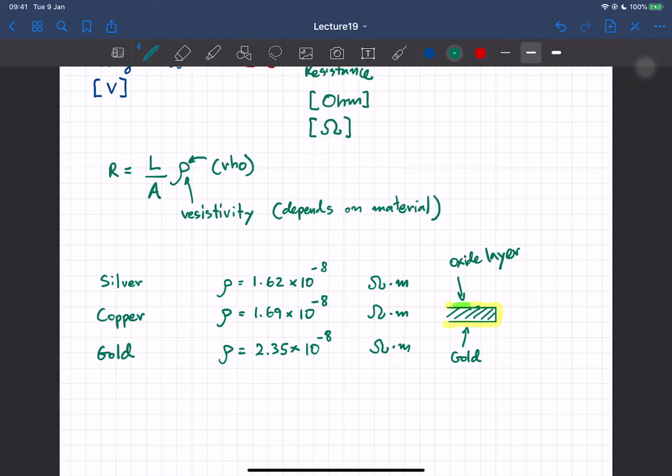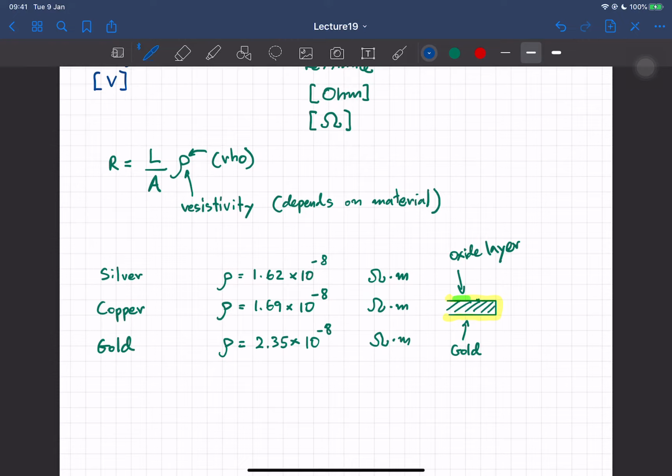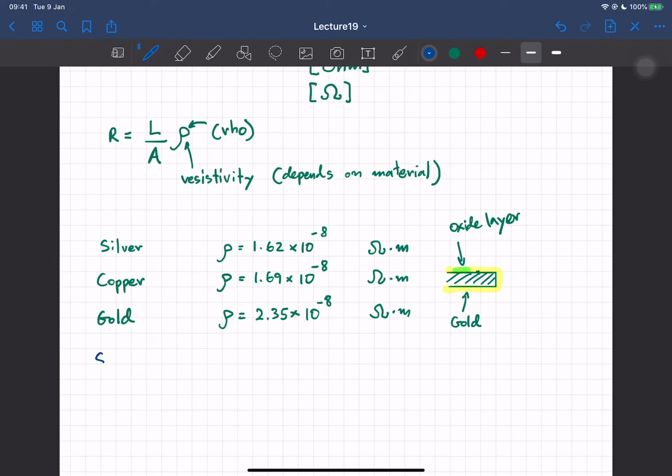Metal, which is a conductor, has rho around this, which is really small. And if we talk about a semiconductor, silicon has rho of about 2.5 times 10 to the 3 ohm meter.